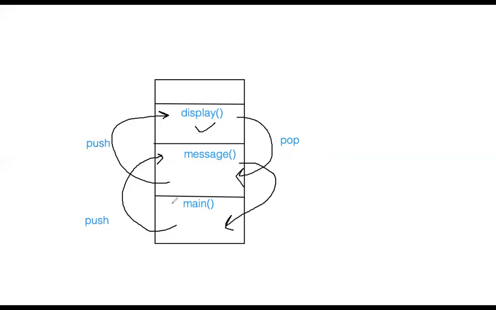Now your stack only has the main function, because display is popped and message is also popped. This operation is called pop. Now in the main function, only return 0 remains to be executed. So return 0 is executed. Now what happened with main? Main is also popped.